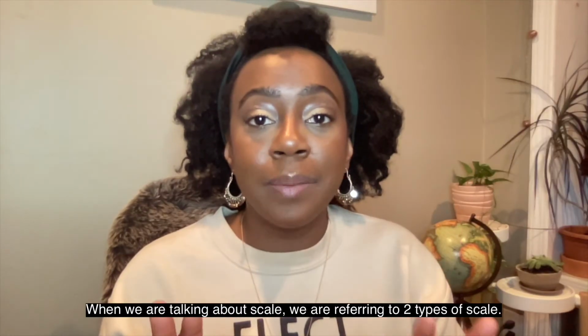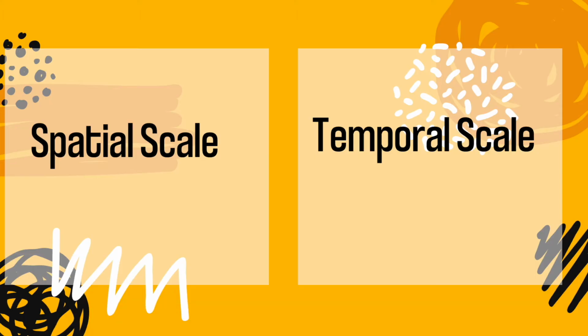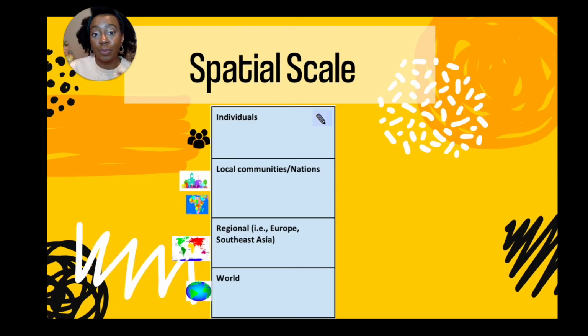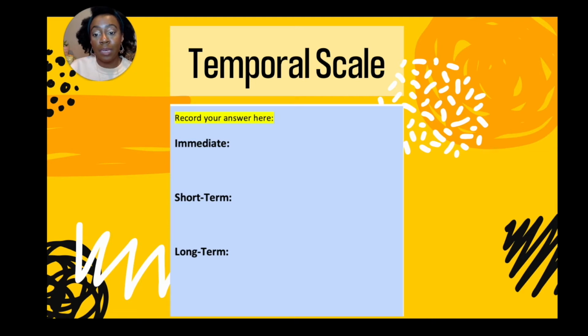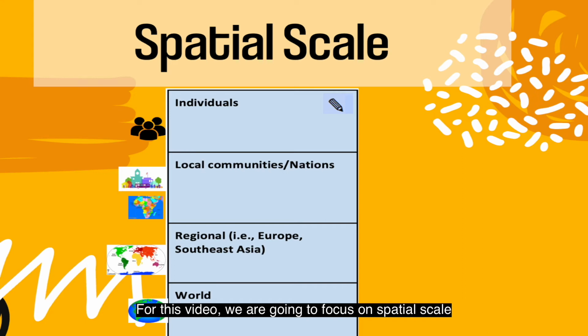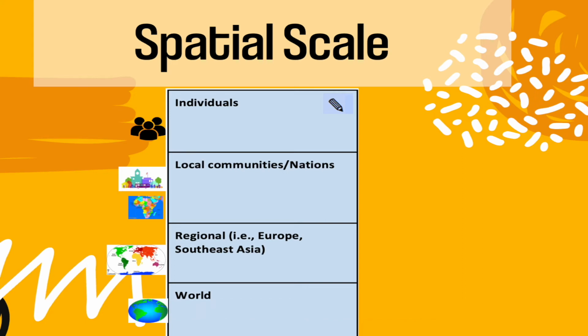When we're talking about scale, we are referring to two types: spatial scales and temporal scales. Spatial scale includes individuals, local communities, nations, regional, and the world. Temporal scale has to do with immediate, short-term, and long-term effects. For this video, we are going to focus on spatial scales.